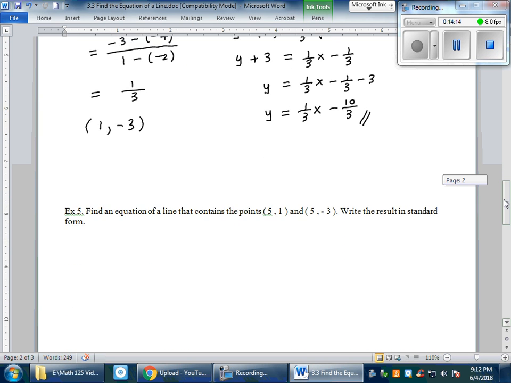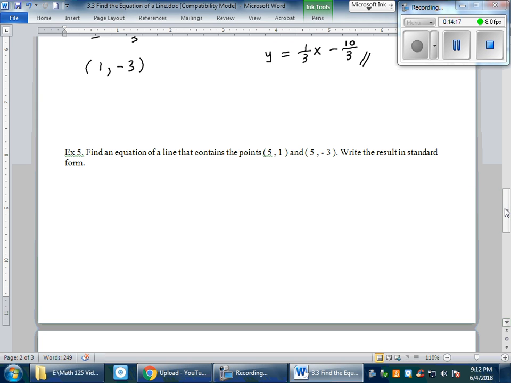Continuing to the next example, we want to find an equation of a line that contains the points 5, 1 and 5, -3. First, we know 2 points but we don't know the slope, so we have to find the slope first. Using the formula, m equal to y sub 2 minus y sub 1 over x sub 2 minus x sub 1.